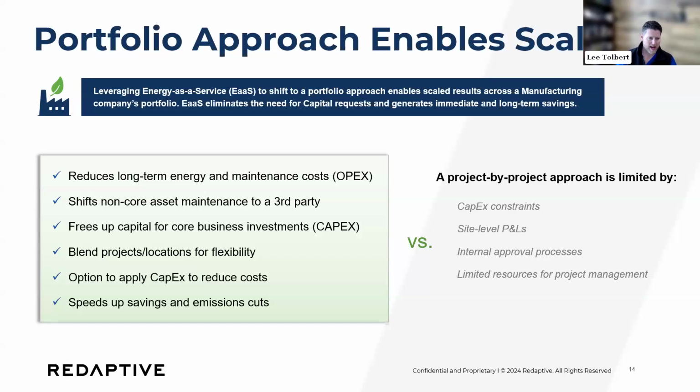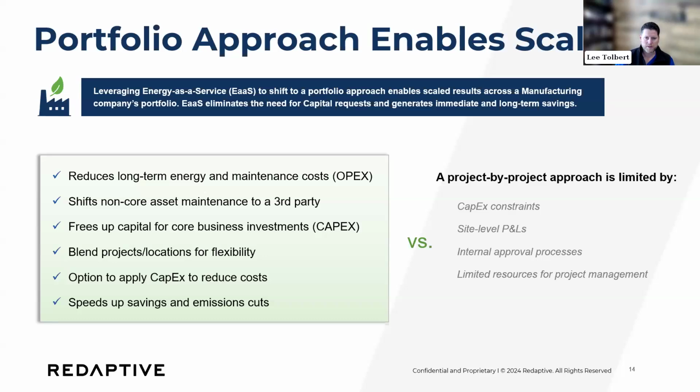Additionally, even though you may not want to, you have the option to apply CapEx to projects to help offset costs. Maybe there's a project that doesn't have a great ROI or has too long or too high of a cost associated. You can inject CapEx into an energy as a service project.